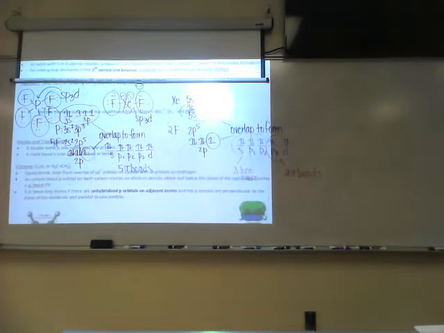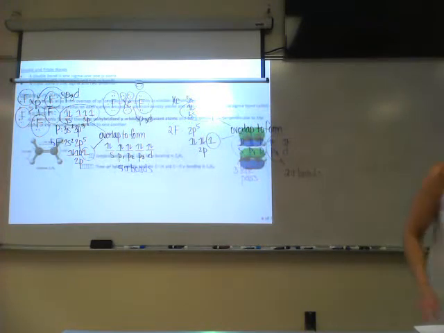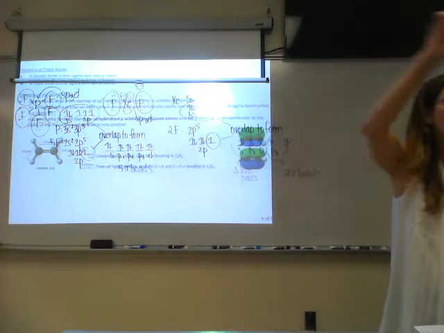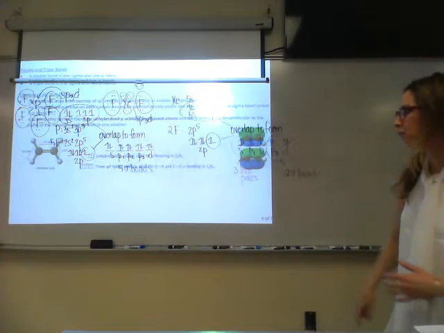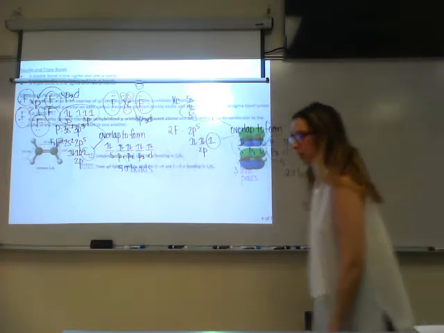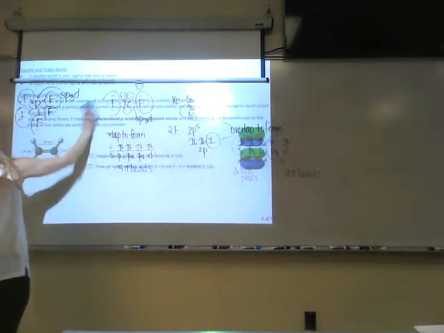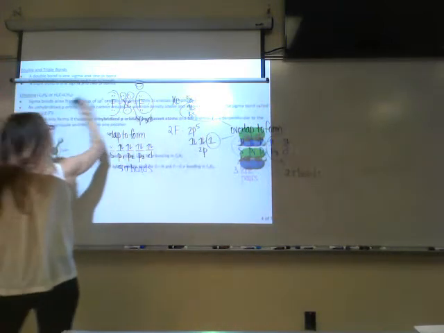Let's go on to double and triple bonds. Anytime they ask you to count up sigma bonds, you're counting all of the single bonds. If you have a double bond, then that second bond in the double bond is known as a pi bond.